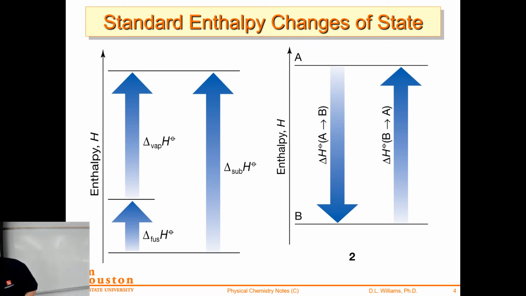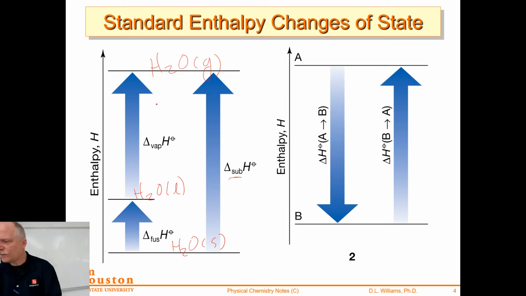And so down here you would have H2O solid, and gas. You can go straight from solid to gas with the sublimation, or the heat of fusion to turn it to a liquid, or heat of vaporization to turn it to a gas. And so everything should sum up. You can take these intermediate reactions and add them together to get the total reaction.